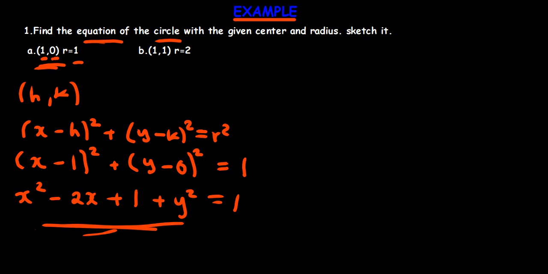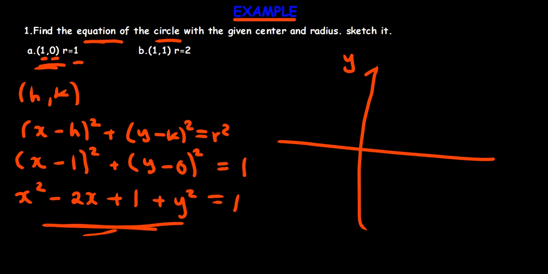So now, how do we sketch this? I will draw my x-y plane here. That's my y, and that's my x. So I have a coordinate, 1 comma 0. If I say my 1 is here, 1 comma 0, I'm not moving anywhere in the y direction. So my center is here, and I'm told that the radius is 1.